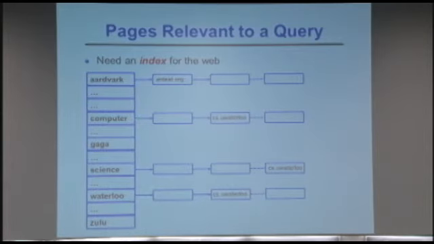So the word computer occurs on, I would assume, millions and millions of pages, and one of them is cs.uwaterloo.ca. The word science also appears on millions of pages, and one of them is cs.uwaterloo.ca. The word Waterloo appears on maybe thousands of pages. One of them is cs.uwaterloo.ca.